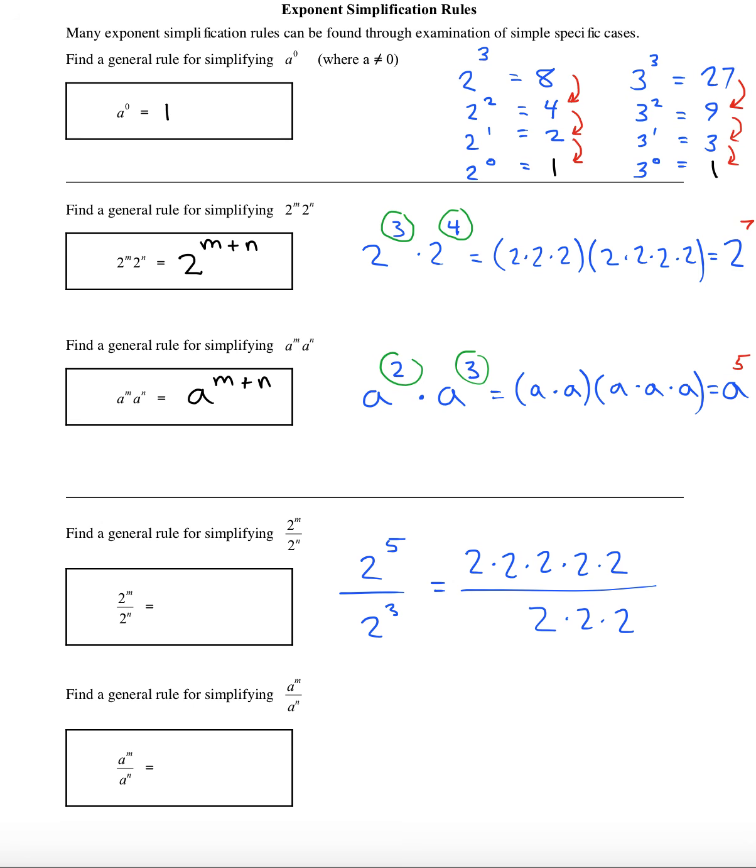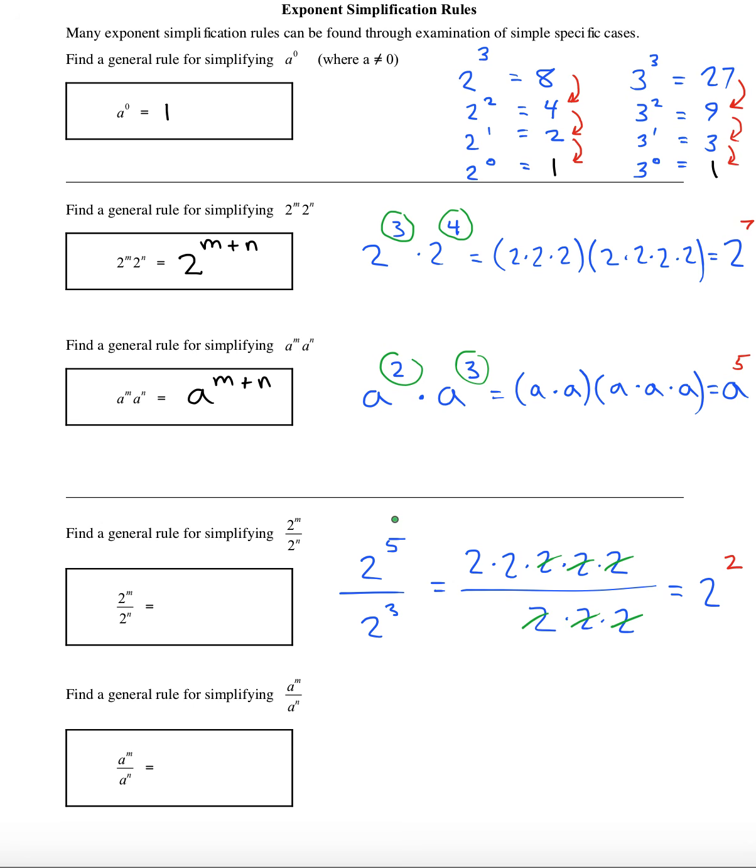And now we can use the technique of canceling when we have identical numbers above and below. They can actually cancel. And 3 of the pairs cancel. How many 2s are we left with? 2.